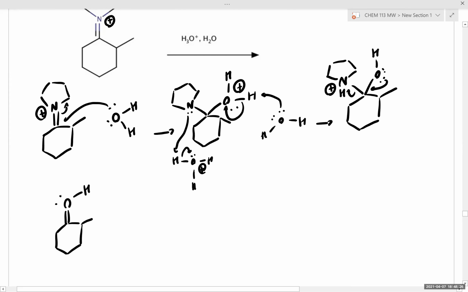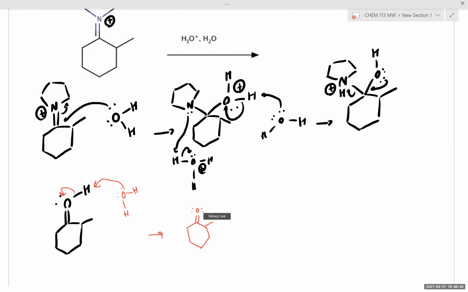And then what's our last cleanup step? Perfect. We deprotonate our ketone to give a neutral isolable product.